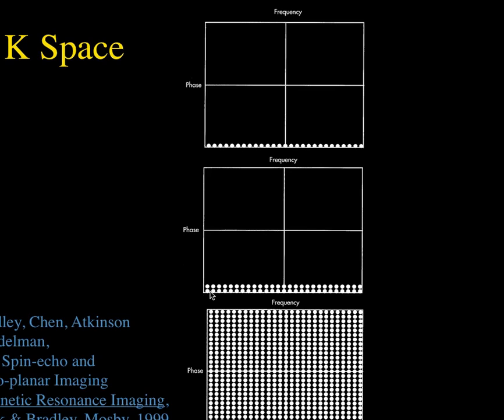The 256 matrix you get more or less for free. It doesn't take you any time to increase the matrix size in the frequency encoded direction because we're receiving that all at once. But it does take time in the phase encoded direction, because for each phase encoding you have to wait another TR to change the phase encoding and grab more lines of K-space using standard old-fashioned spin echo imaging, which we'll understand first, and then we'll understand modern techniques in a little bit.